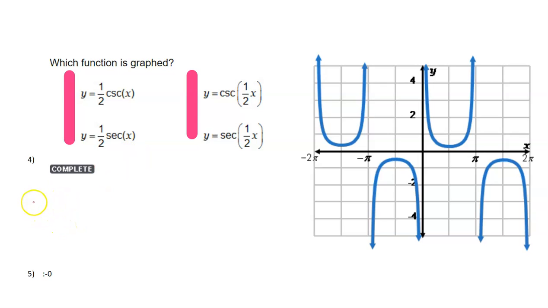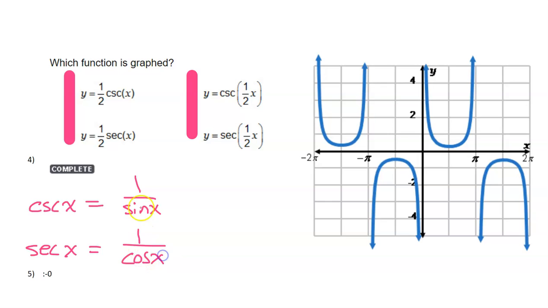First of all, please remember that cosecant is the reciprocal of the sine function. Memorize that. Also, you have to know that secant is the reciprocal of the cosine function. Memorize that.